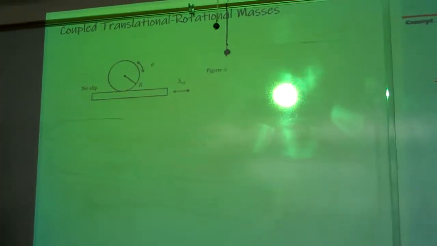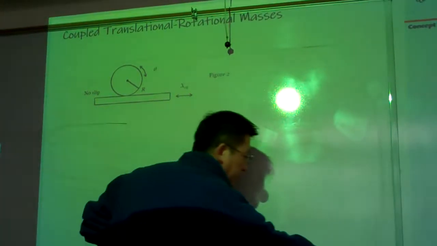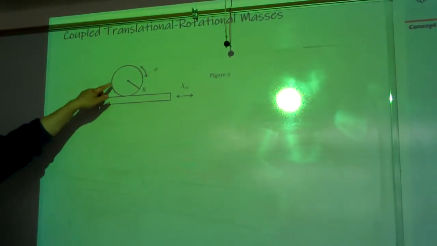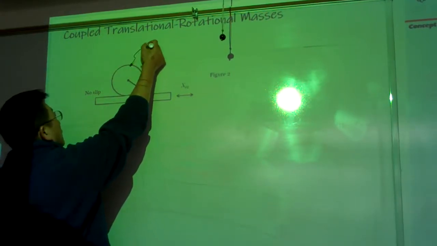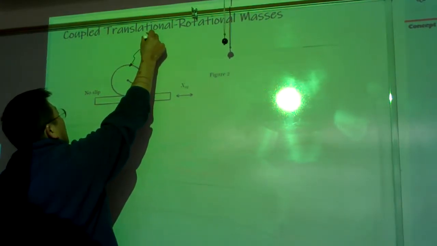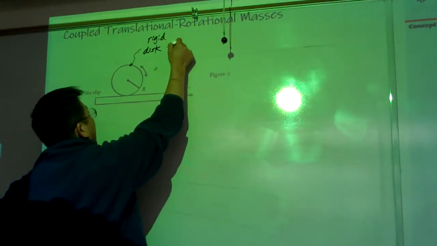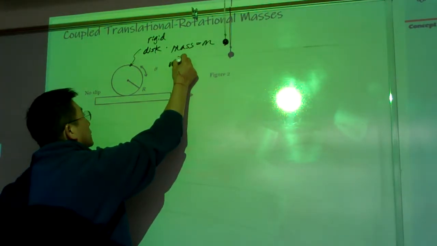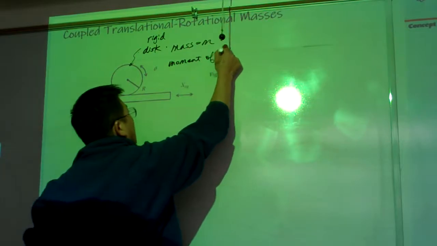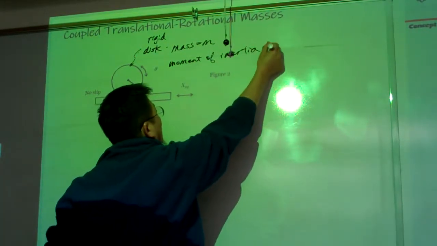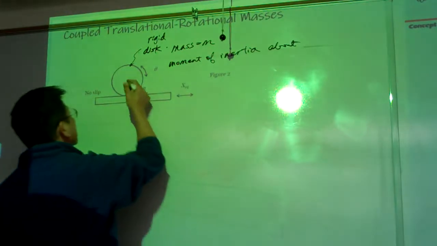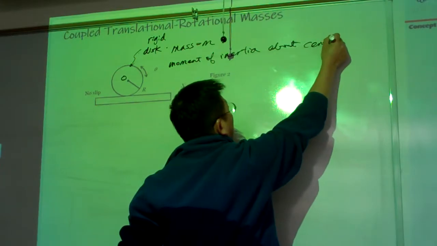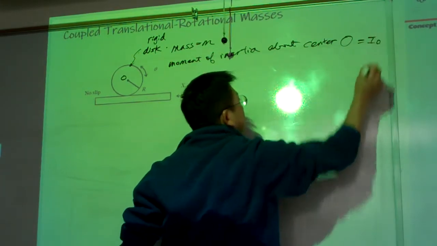So this is another example here, and basically this is a rigid disk. This disk has mass equal to m, and its moment of inertia about, say, the center O is equal to IO.